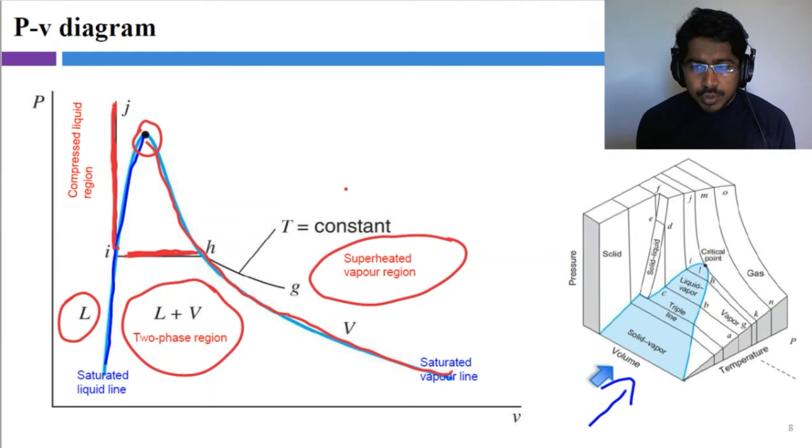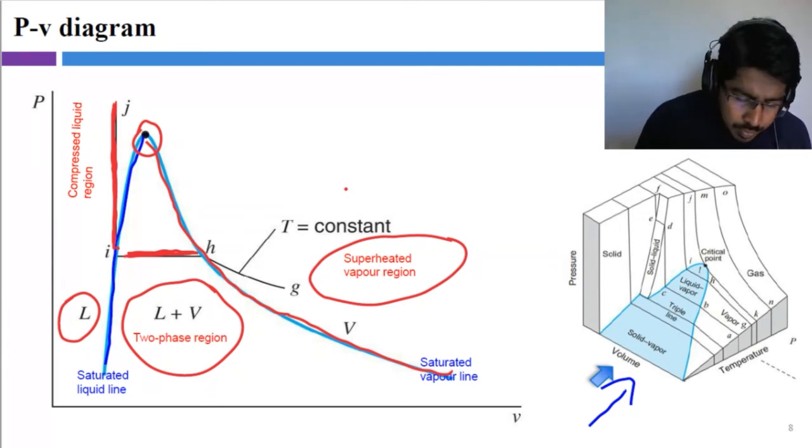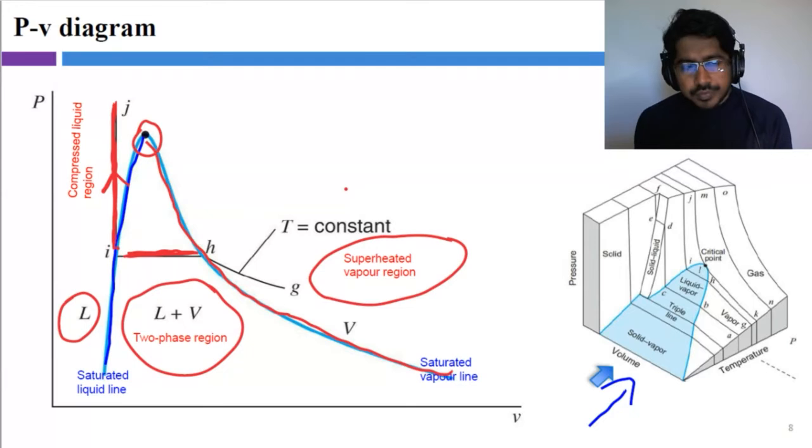It is almost perpendicular to the specific volume axis, and almost parallel to the pressure axis. If we are moving this way, we are building up pressure. When we are building up pressure, by looking at this line, what can we say about the specific volume? Does it change or not?